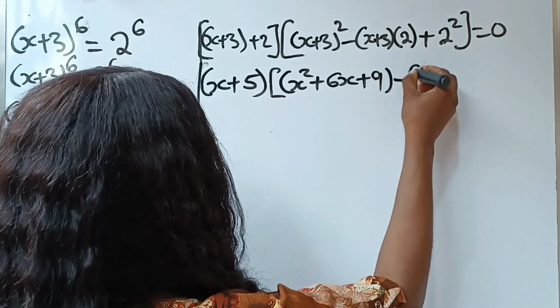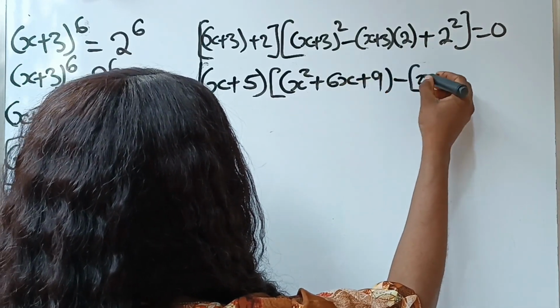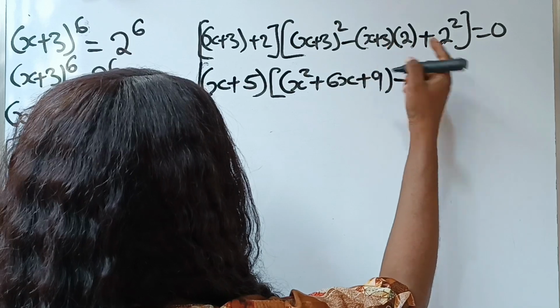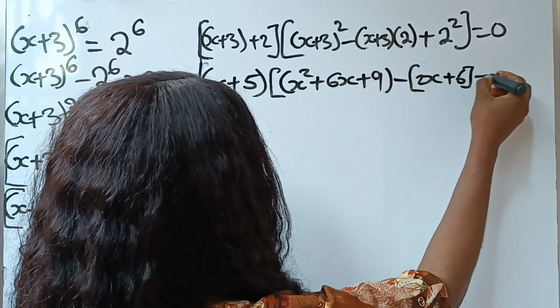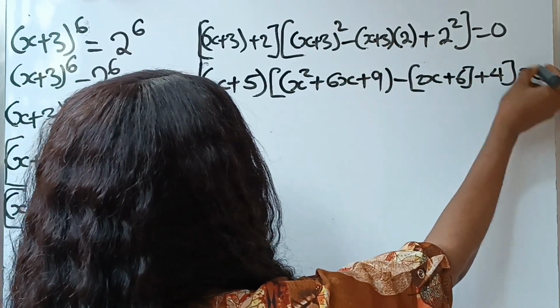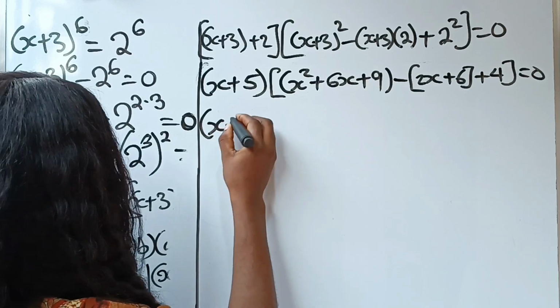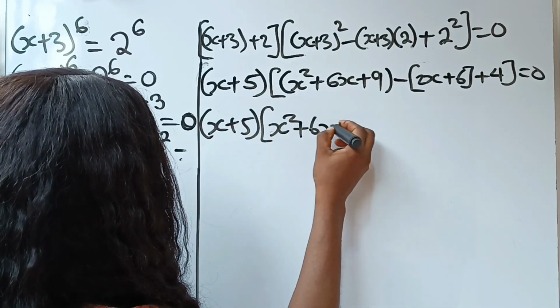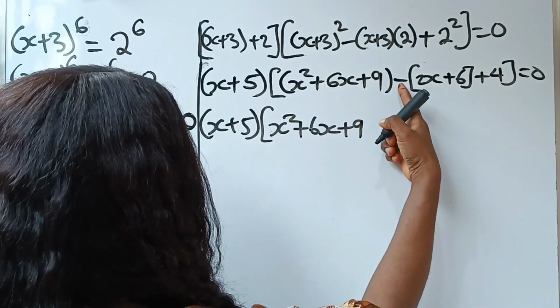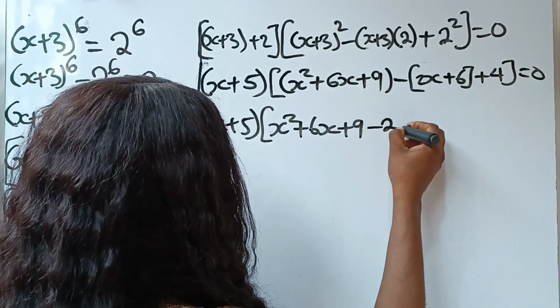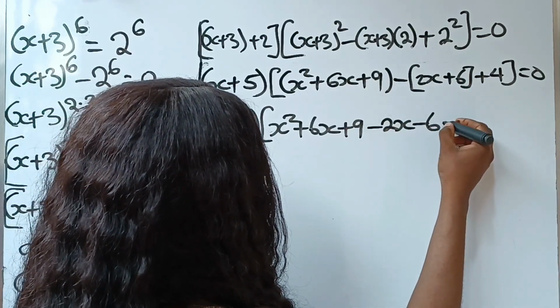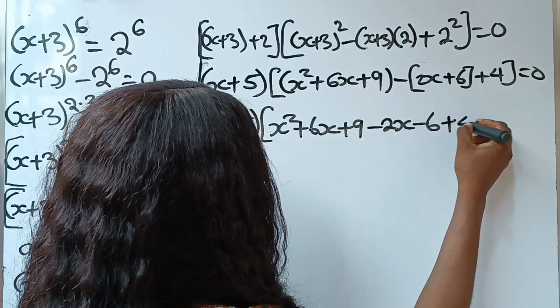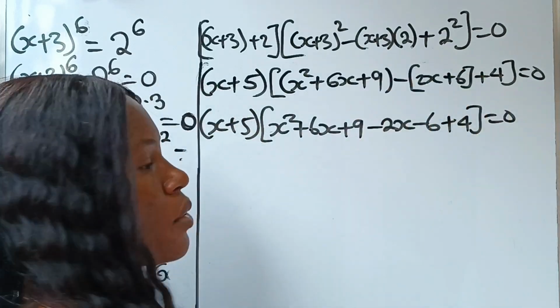Then minus x times 2 is 2x, and minus 2 times 3 is minus 6. Then plus 4 is equal to 0. So we have (x + 5)(x² + 6x + 9 − 2x − 6 + 4) = 0.